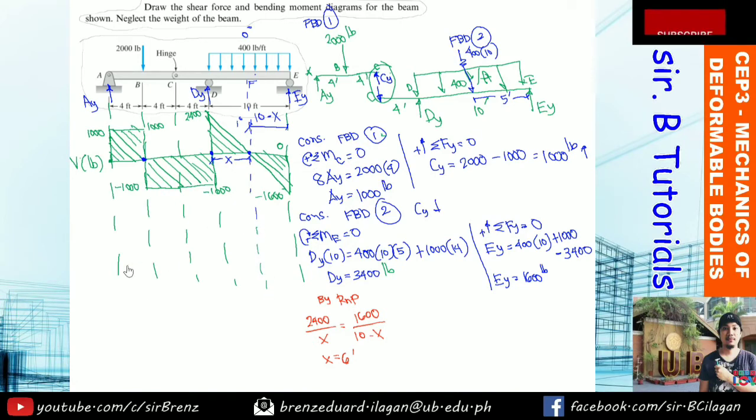So, i-project ko lang to, and then again, lagyan ko lang dito ng axis. So, this is the moment axis for the moment diagram, kung saan yung unit niya is in pound-feet. Okay, so gaya nga ng sabi ko, guys, itong mga support dito, yung A, D, and E, supposedly dapat ang value ng moment dyan is equal to 0. Pero take note of this, ha.